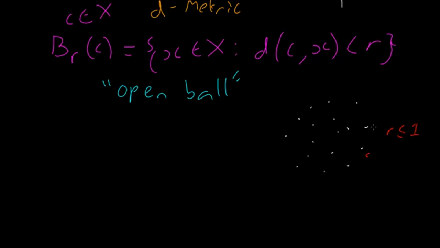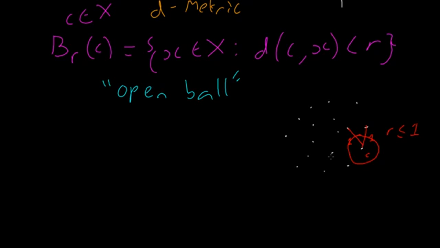So less than 1 distance away from C. Well, all the points have distance 1 from C. Every point has 1 unit of distance from C. So the subset of points which are less than 1 unit of distance away from C is just C. There's no point that has less than one distance away from C.